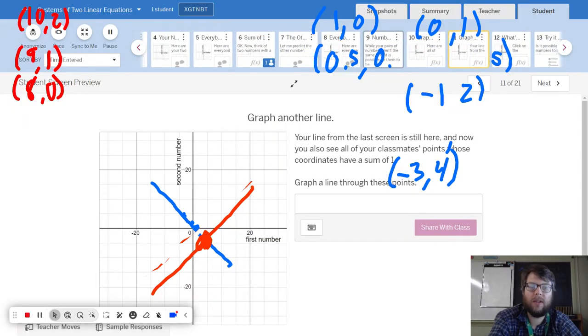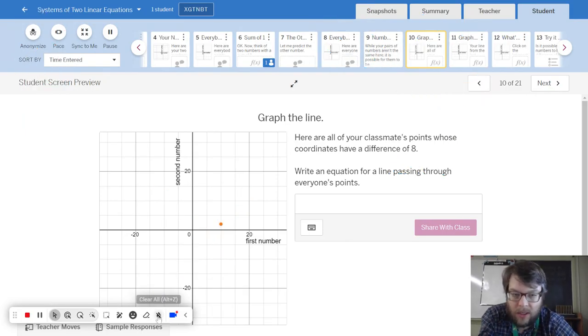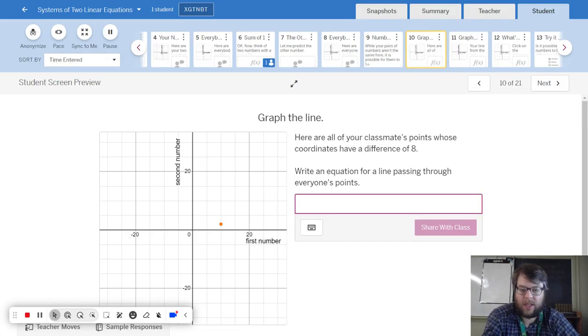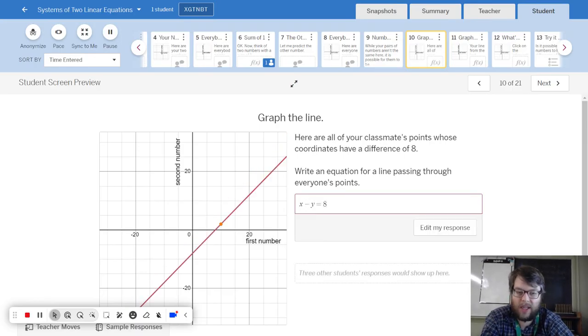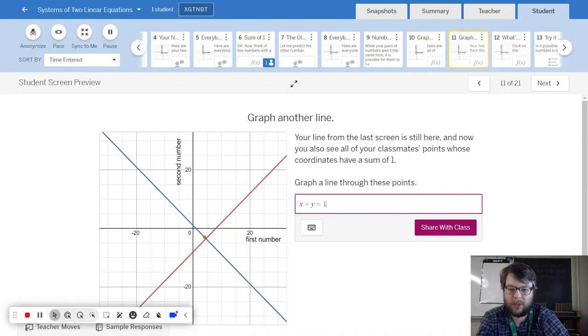All right, so let me clear the screen and let's look at that. Difference of 8, okay? So if I have a difference of 8, that means my x minus my y is equal to 8. And you can see that goes right through the dot that I had from before. If I have a sum of 1, that's saying x plus y is equal to 1.